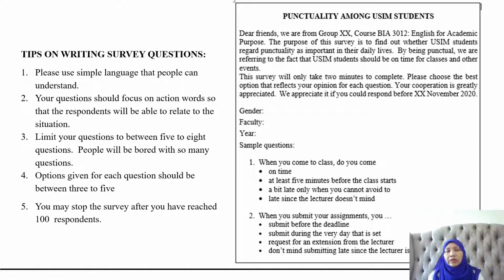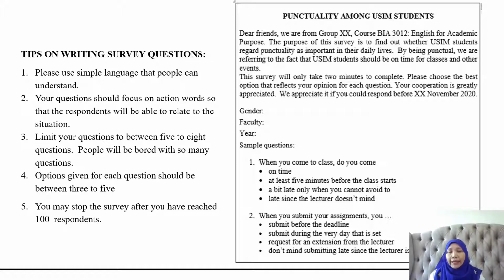When you come to class, do you come on time? At least 5 minutes before the class starts? A bit late only when you cannot avoid to? Late since the lecturer doesn't mind? Now, if you look at this sample question, it corresponds to the first research question, which is the factors that contribute.